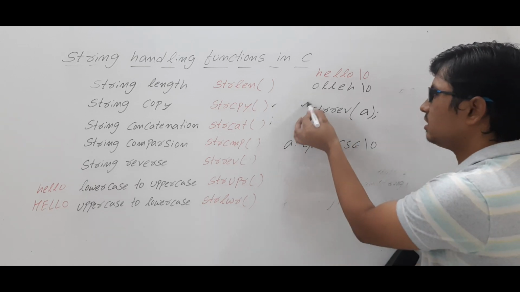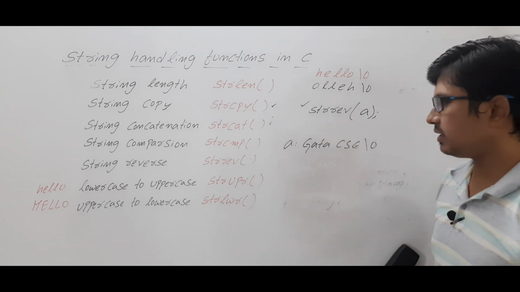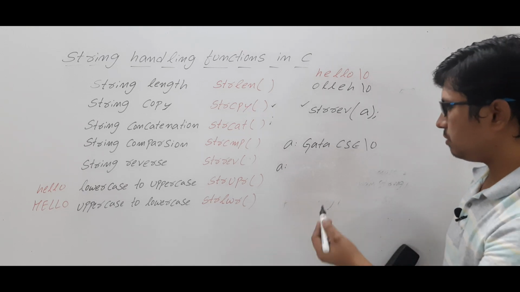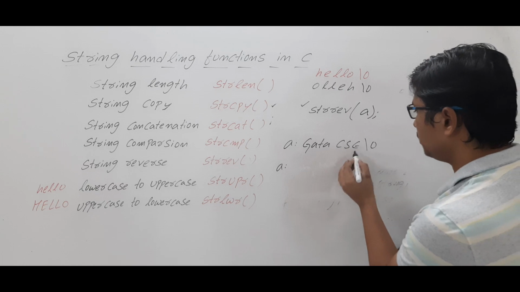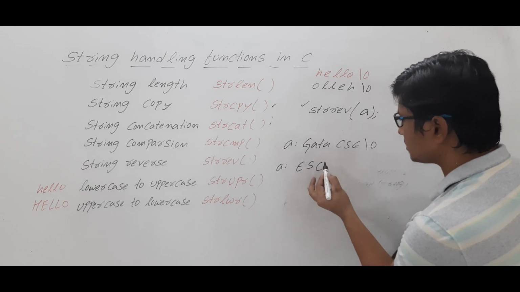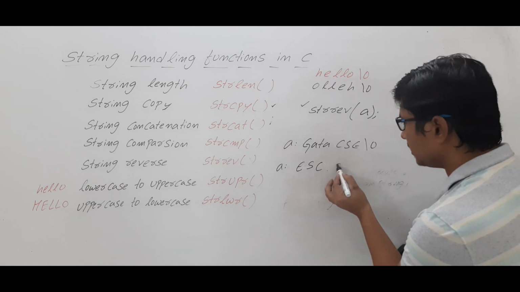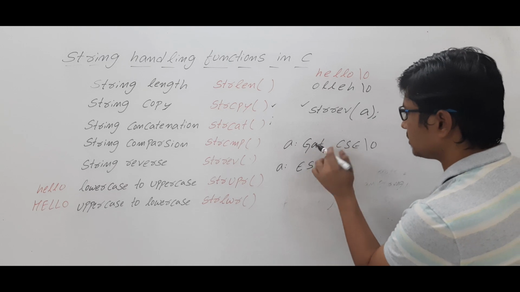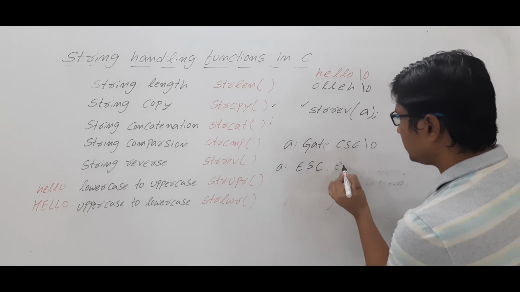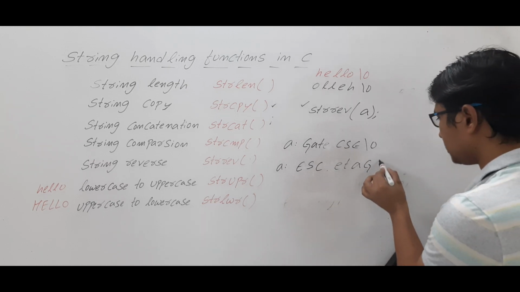If you use strrev with the name of the array a as a parameter, then the values stored afterwards are: you have an E that will come here, an S, a C, a space, then A, then T. Oh, this is "gate", sorry. So it is C, S, C, space, E, T, A, G, and then you have to write \0.